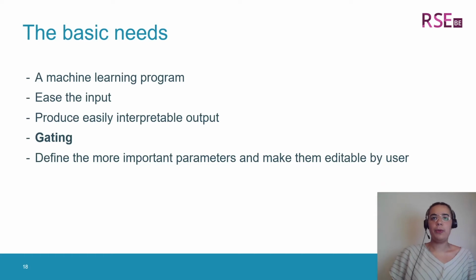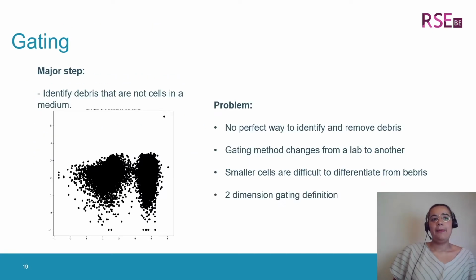Another problem was posed early on in the tool development: the gating. In biological samples used in flow cytometry, you can find cells and debris present in the medium. This debris is identified by the cytometer as well as cells, and we need to remove it before the calculation, because they are not cells. There is not one method to do that.